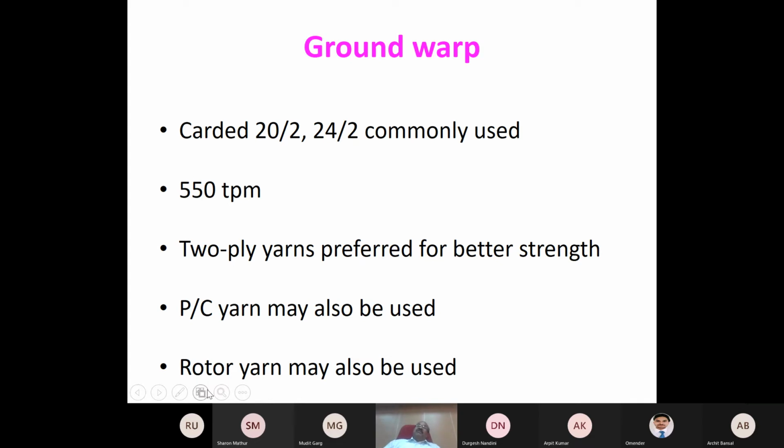Some towels are produced using polyester cotton blended yarn because anyway this ground warp will remain inside, not on the surface. So this yarn does not come in direct contact with the skin. That's why polyester cotton blended yarn can also be used as ground warp. Here also one can use rotor yarn.